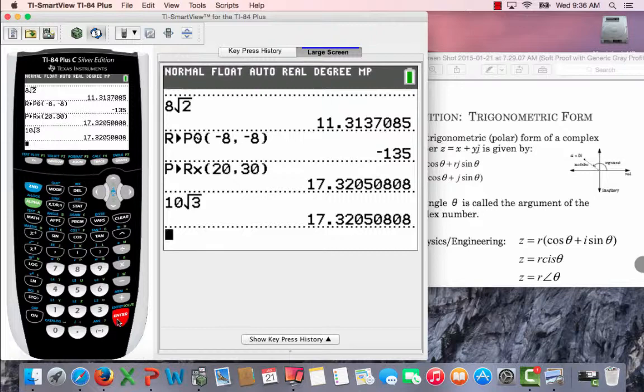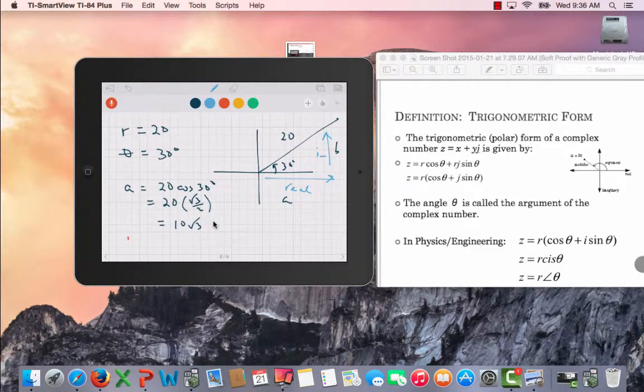So going back now, if I wanted to find the imaginary part, my B would be the 20 sine 30 degrees. So that's 20, and sine at 30 degrees is a half, so I would get 10.